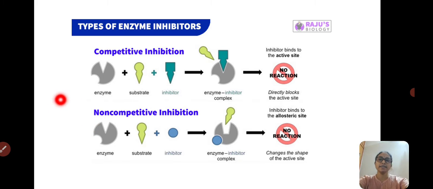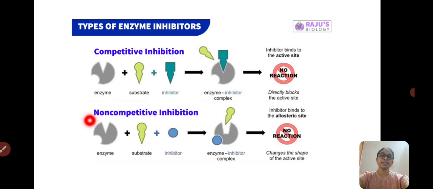We can see here a diagrammatic representation of both types, competitive inhibition and non-competitive inhibition. In competitive inhibition, the substrate and the inhibitor molecules are structurally resembling. Here they are not structurally resembling. So the inhibitor molecule attaches to the enzyme molecule at a site other than where the substrate binds.